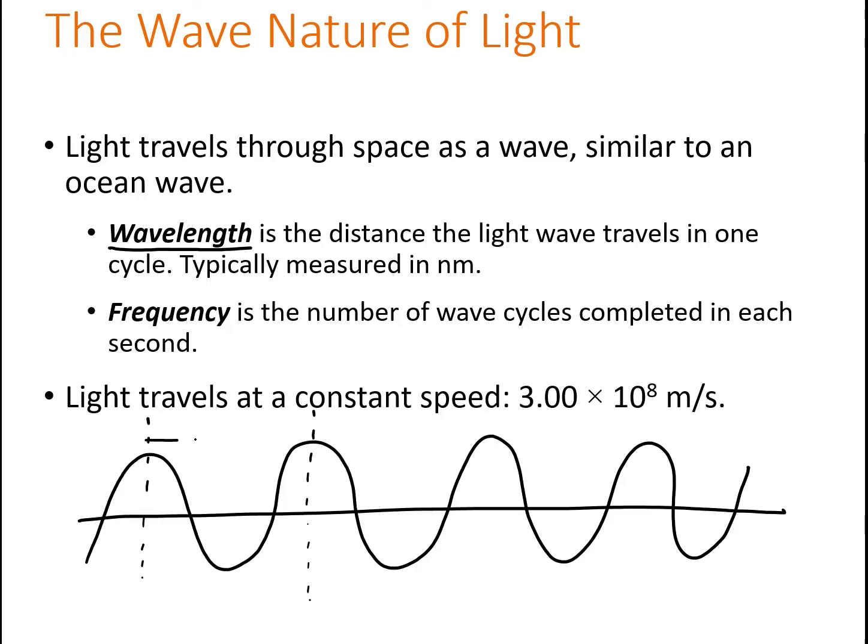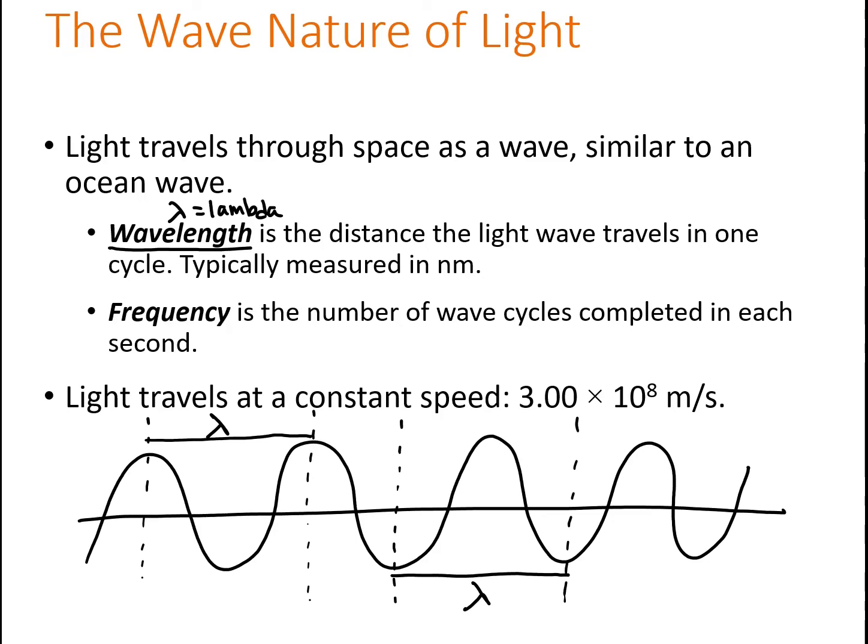So from peak to peak, that's a wavelength. That's a lambda. And that is a symbol for wavelength. You could also measure this from trough to trough. Same thing.